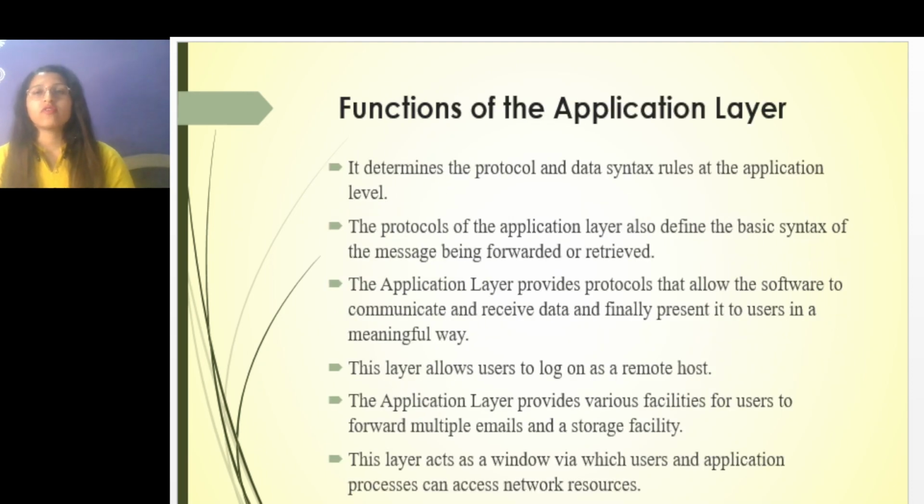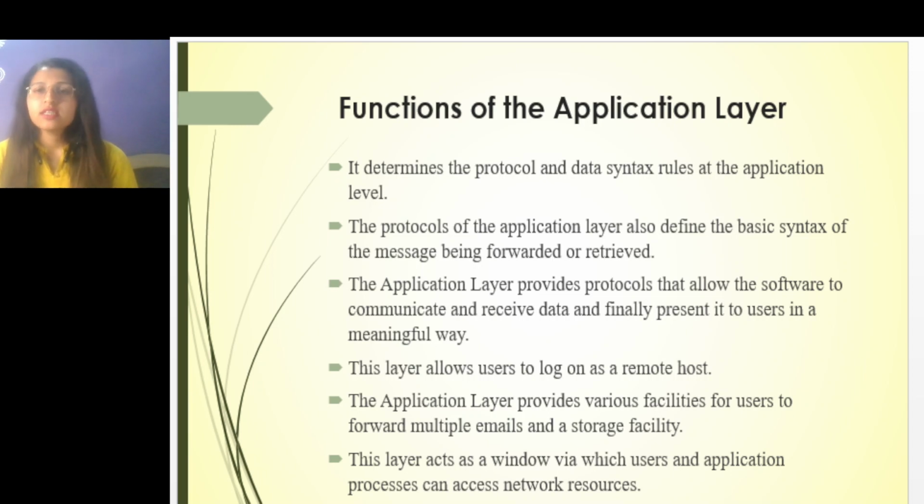So what are the functions of the application layer? First, it determines the protocol and data syntax rules at the application layer. It also defines the basic syntax of the message that is forwarded and retrieved.